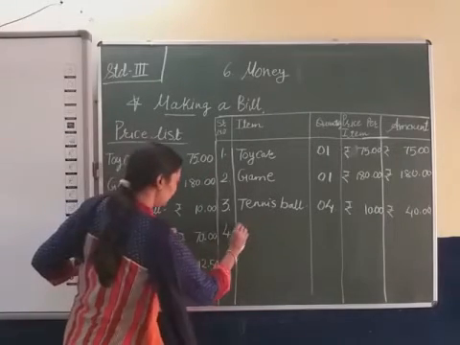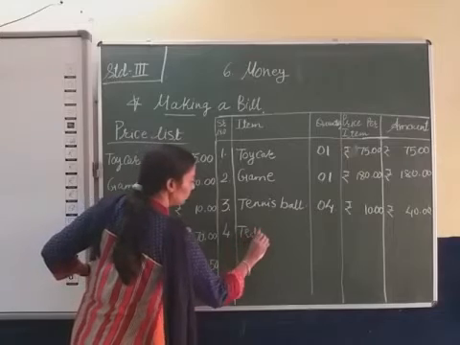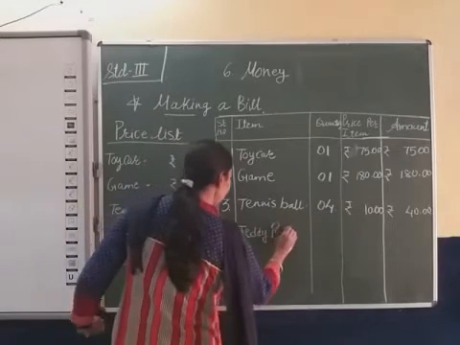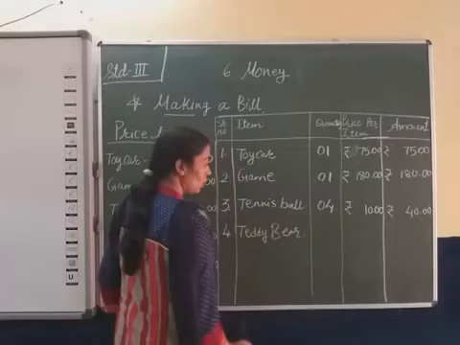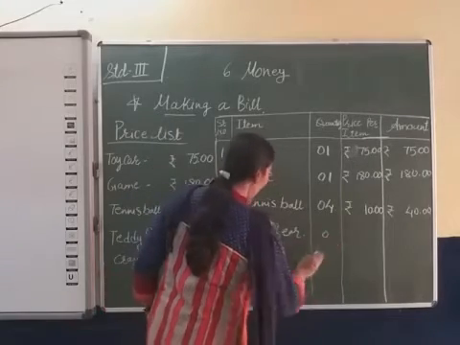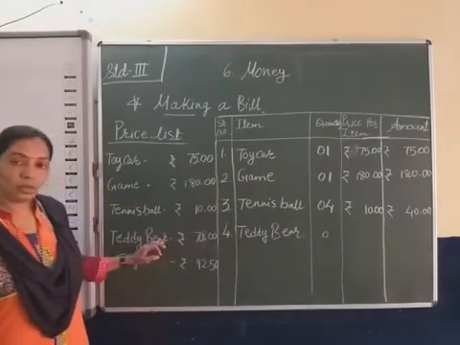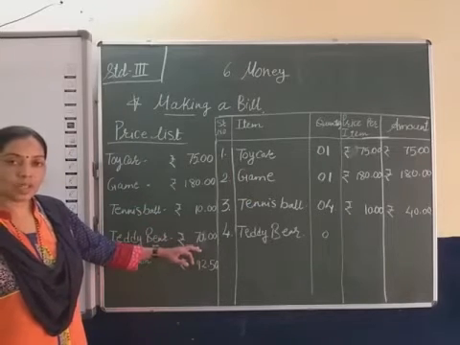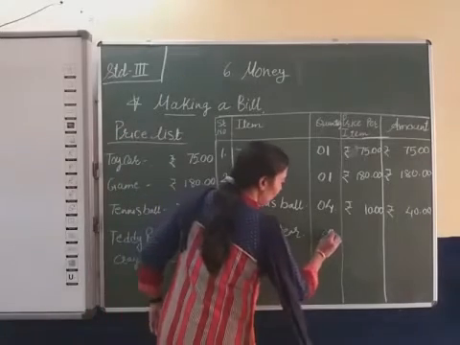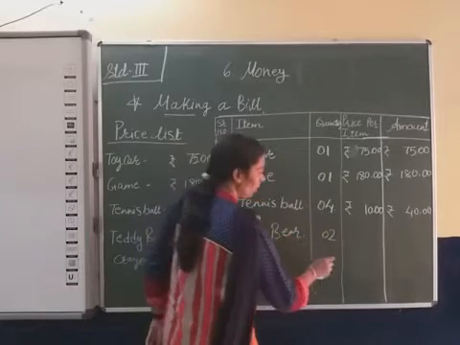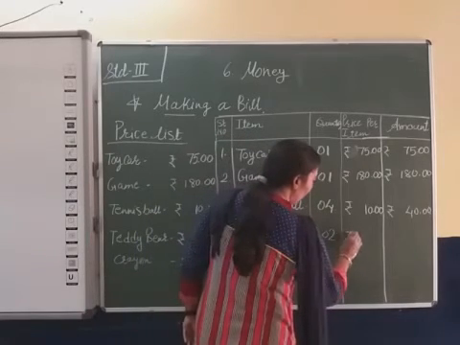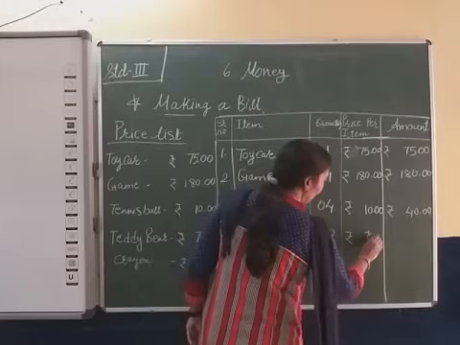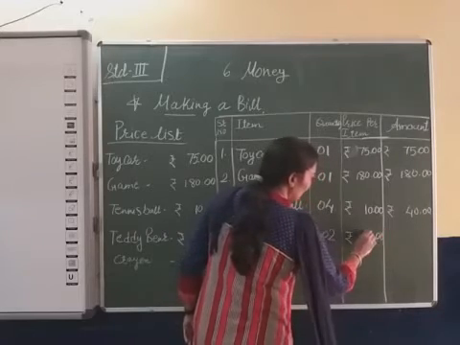The fourth item, teddy bear. I purchase 2 teddy bears. The per teddy bear cost is 70 rupees. So write the quantity 2 and per teddy bear cost 70, 0 paisa.